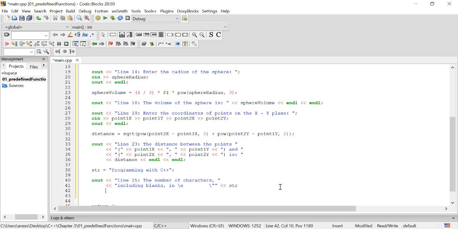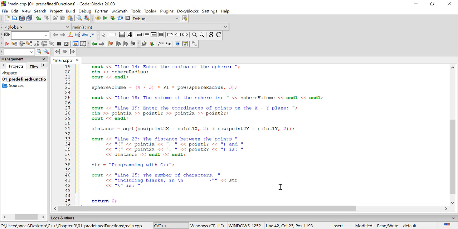String is string dot length. Then we add the parentheses and endl to finish it off.